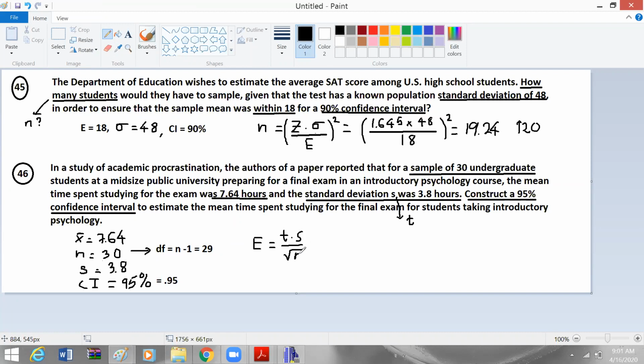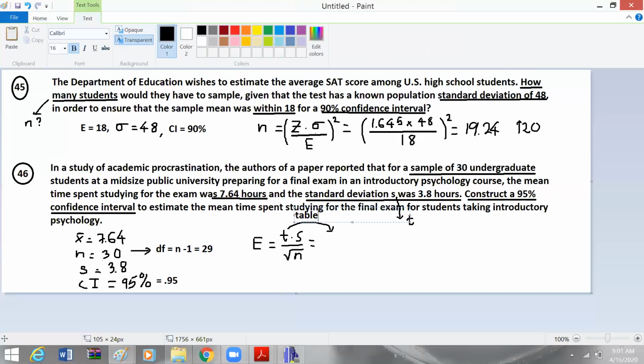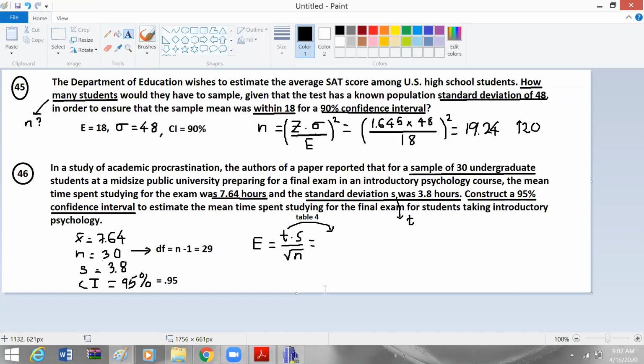This is a thing that we learned. And so what is the t part? For the t, we need to look at the chart. We have to go to table number 3. Sorry, table 4, I apologize for that. So we're going to go to table 4.